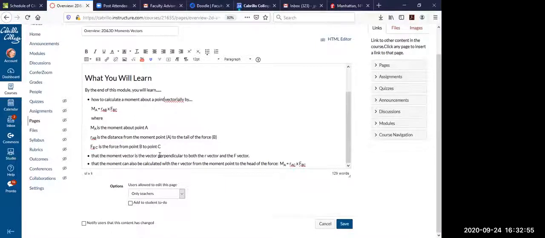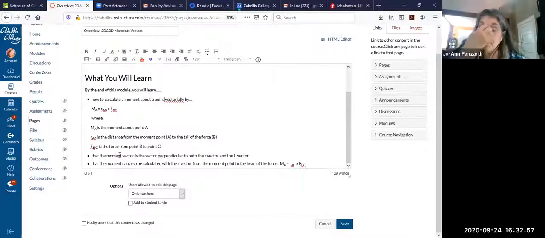You also know from both physics and math that when you do the cross product, the moment vector is the vector perpendicular to both the R vector and the F vector. Let me say that again.